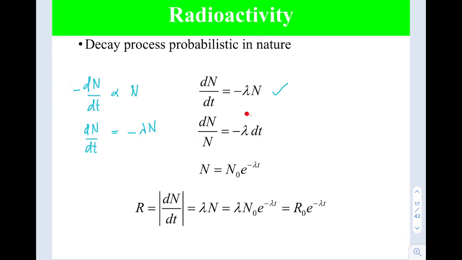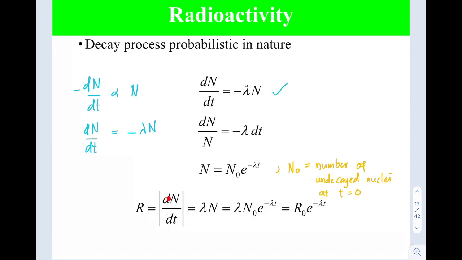From this equation, we can rewrite it, and upon integration we get N equals N naught e to the power of negative lambda t, where N naught represents the number of undecayed radioactive nuclei at t equals 0. The rate of decay, symbolized as R, is equal to the modulus of dN over dt.